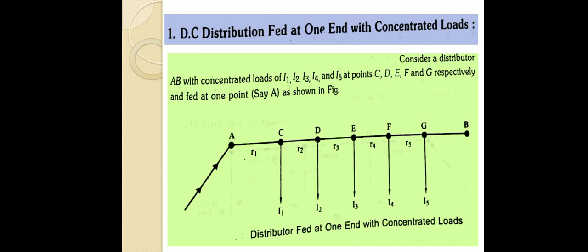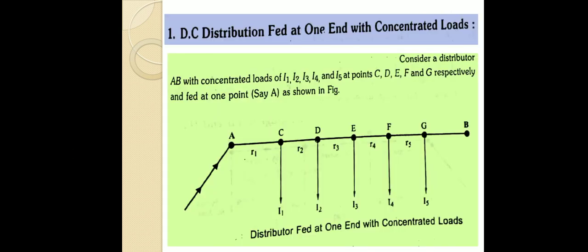Here the diagram indicates that the total current fed from the feeding point A is I1 plus I2 plus I3 plus I4 plus I5. I wrote the currents in each section, that means the AC section, CD, DE, EF and FG.